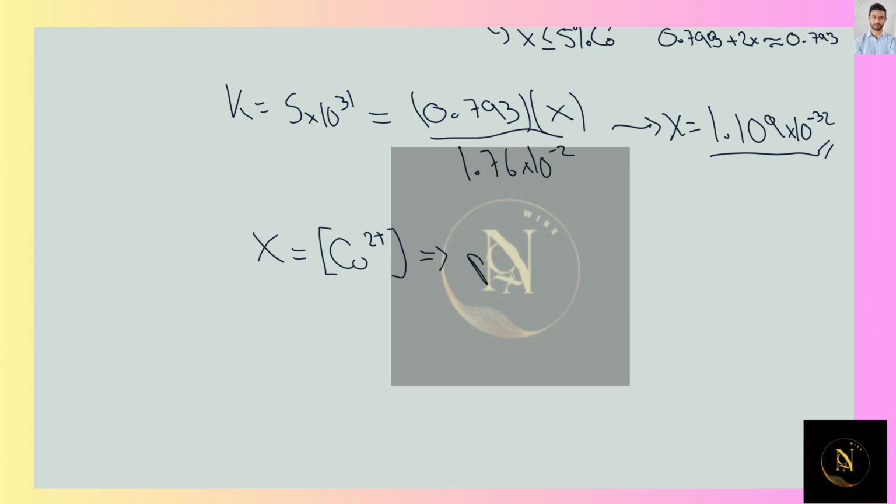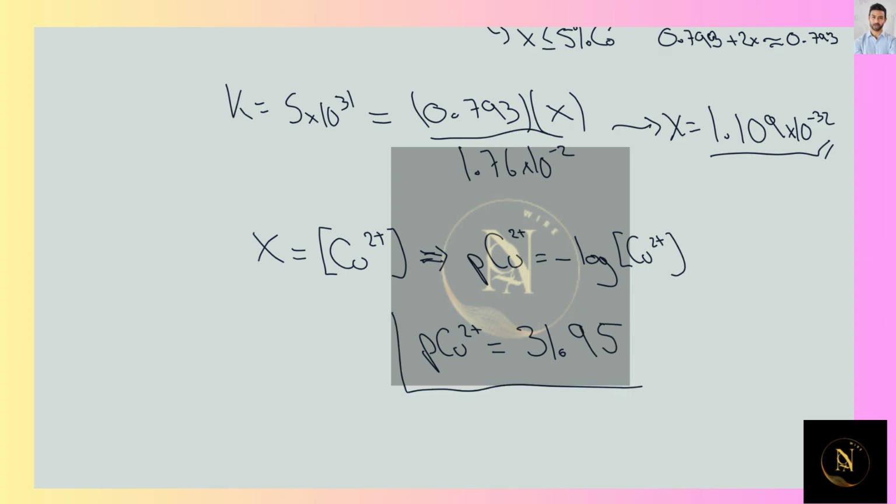If we calculate the pCu2+, this is minus the logarithm of that concentration, which is minus the logarithm of X. And pCu2+ becomes 31.95. And that would be the answer.